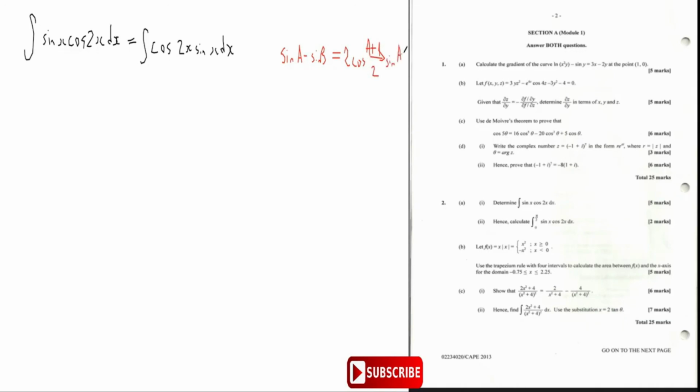We learned this in unit 1. So if I were to replace (A plus B) over 2 with 2x and (A minus B) over 2 with x, you realize that's what we have right here.